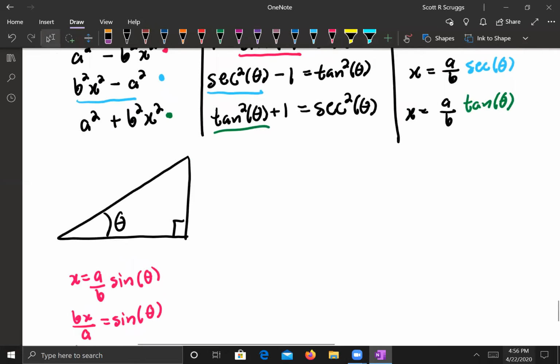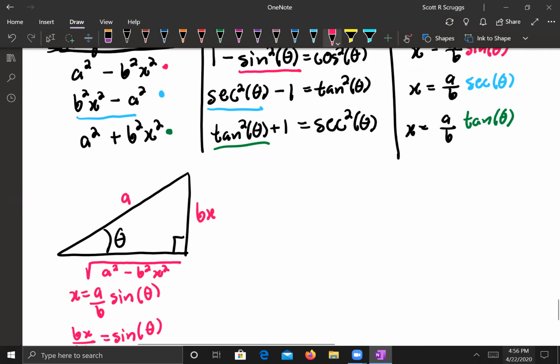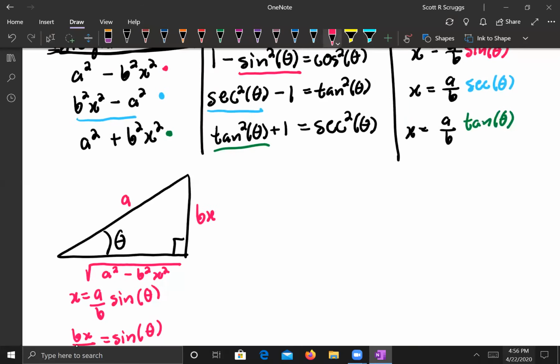That means if I do a trig sub with a over b times sine of theta, my opposite side will be b times x. My hypotenuse will be a. And if you use the Pythagorean theorem, you're going to get inside your square roots a squared minus b squared times x squared, or exactly what the integral contained at the very beginning, which made us use trig sub.